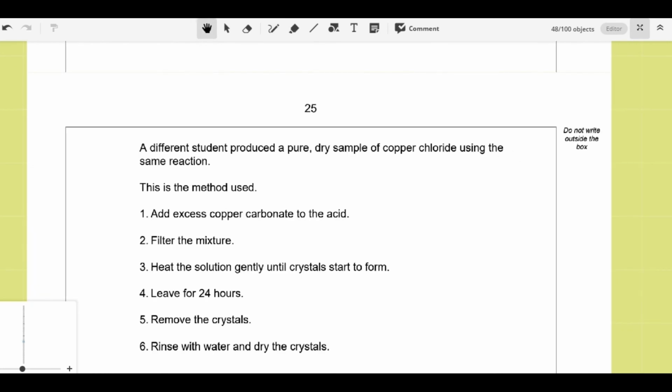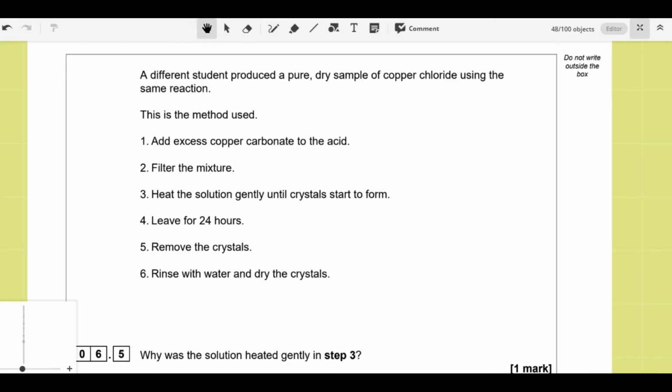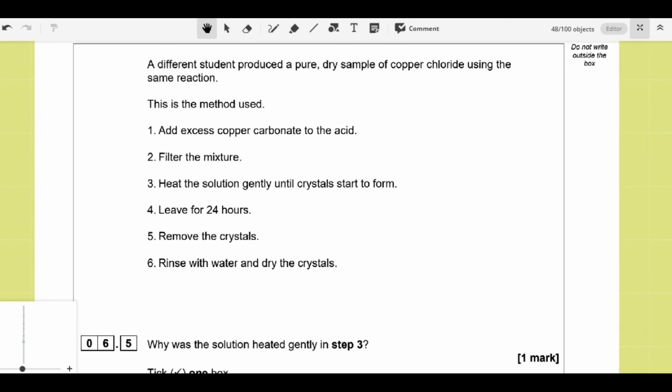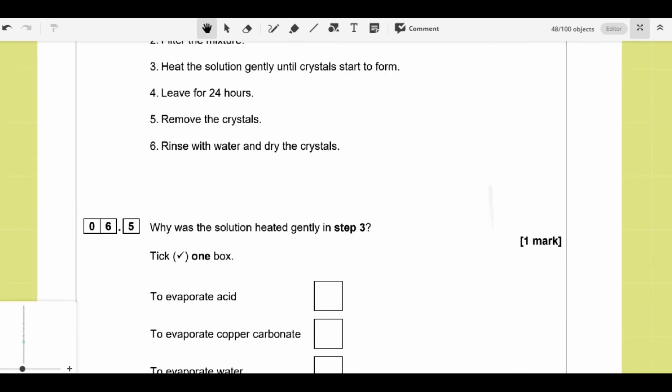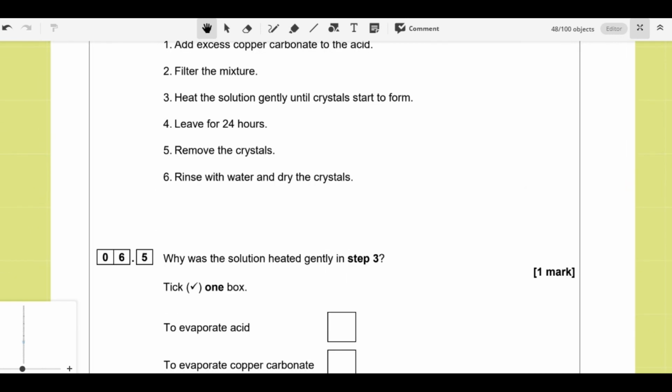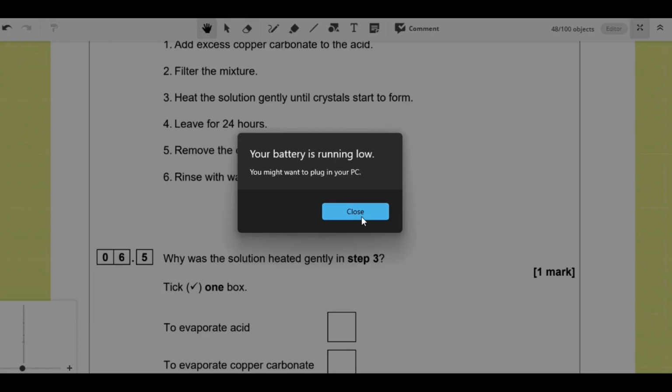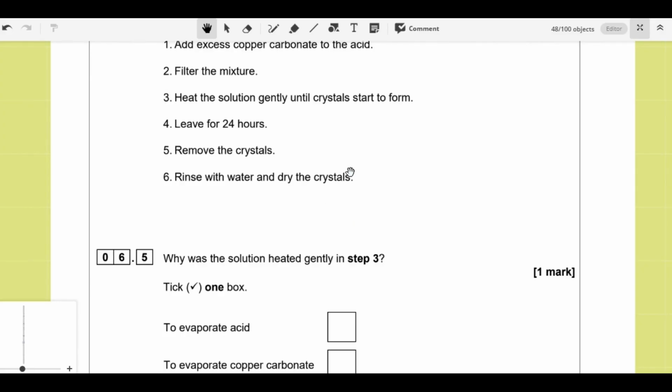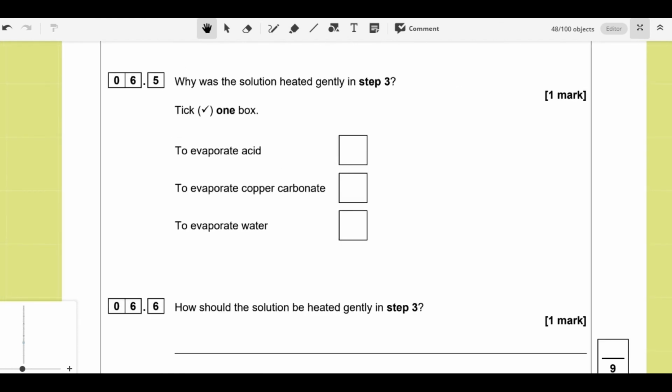Next question, a different student produced a pure dry sample of copper chloride using the same reaction and all the instructions are given. The question is, why was the solution heated gently? Here heat the solution gently until the crystals start to form. So here, why? Because to evaporate the water.